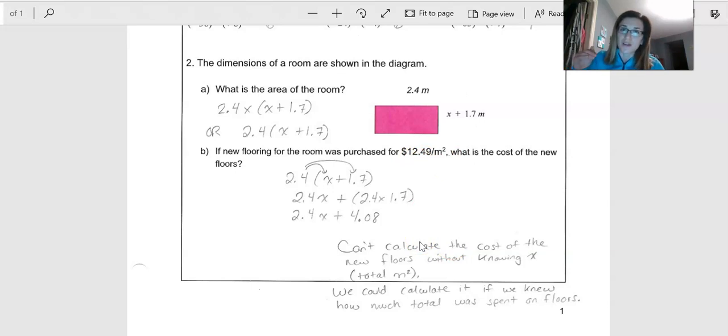On the opposite side, we could also calculate it if they didn't tell us how much per meter squared, but told us how much was spent in total. If they said that they spent $450 on new floors, then we could go equals $450, and then we could solve for x and see how many meters squared were actually present. Because we don't have enough information, we can't actually solve that. Let's go to the next page.